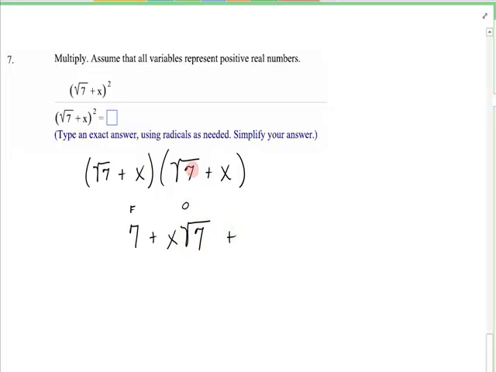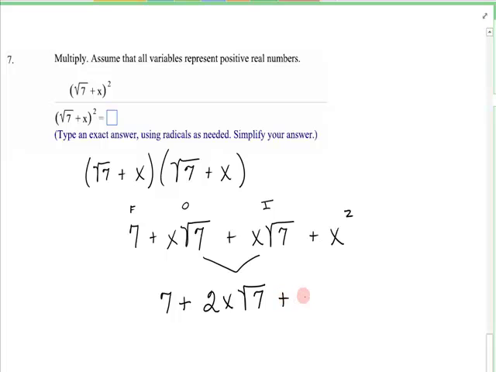The inner product is another x times the square root of 7. X times x is x squared. I can combine the outers and inners. I have 7 plus 2x square root of 7 plus x squared. And that's a kind of an unusual expression, but it is this quantity squared.